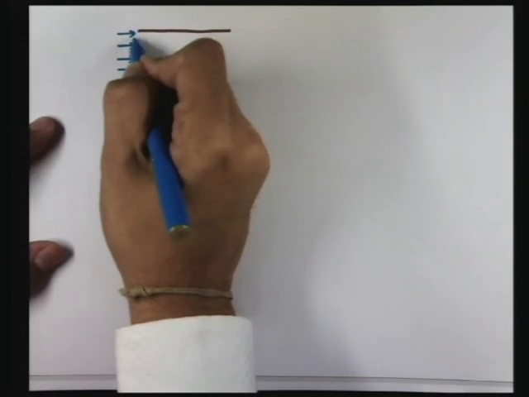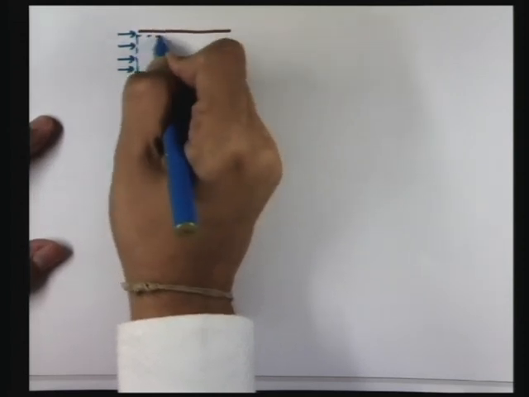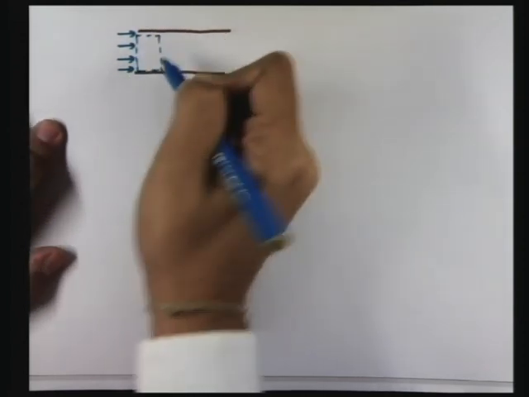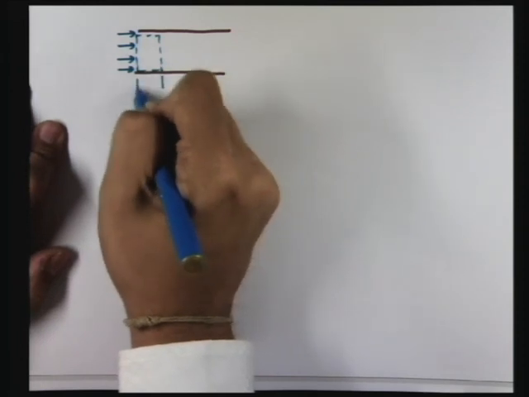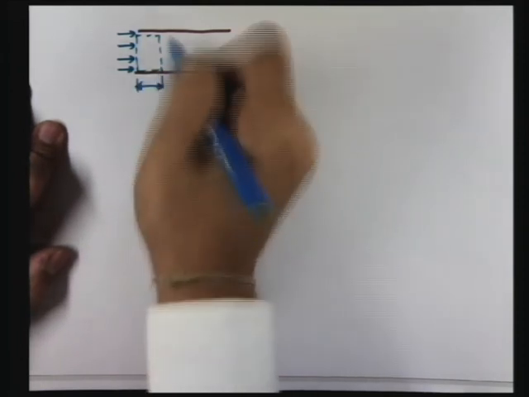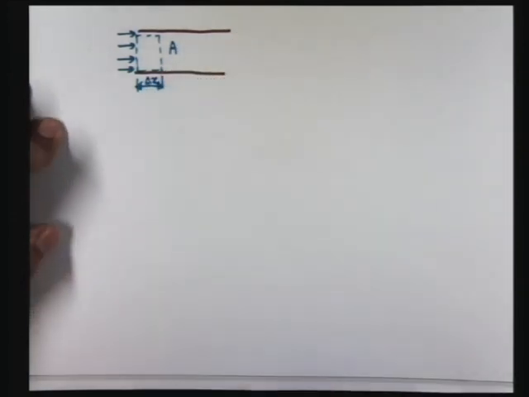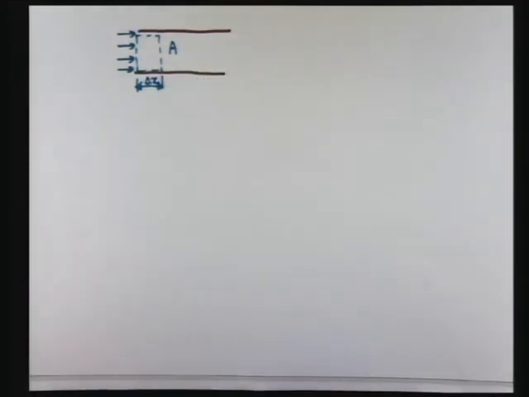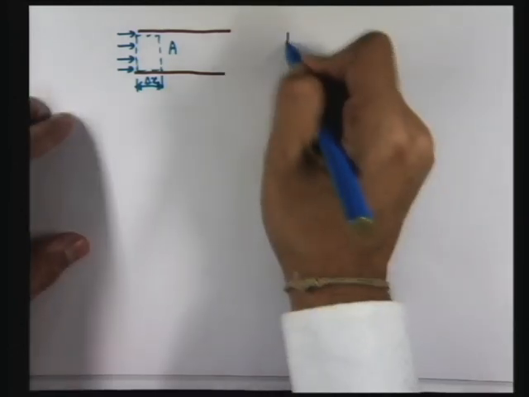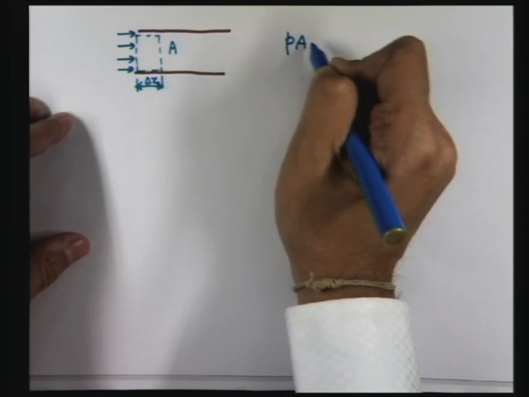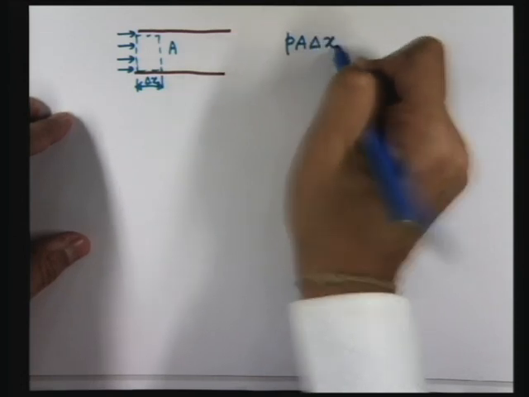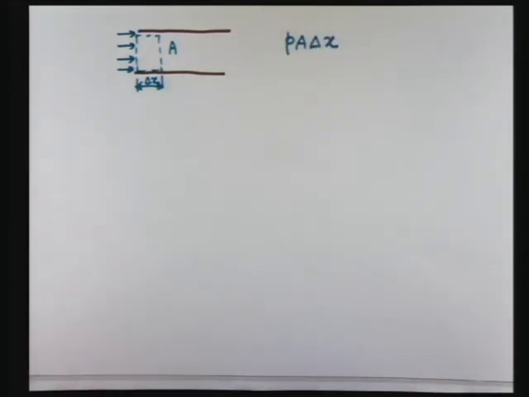So let us say that A is the cross sectional area of the pipe, and let us consider a small displacement of the fluid in presence of pressure. If P is the pressure, what is the corresponding work done? P into A is the force, that times delta x, force times displacement, is the work done.